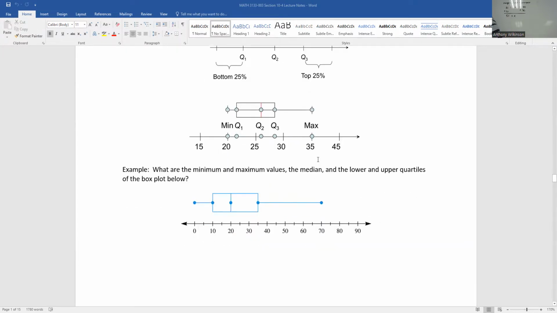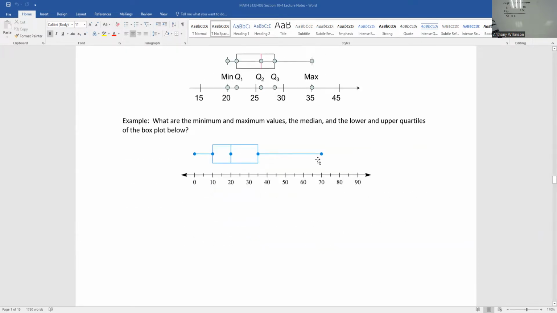Okay. Now, in this example, let's say I want to identify the minimum and maximum values, the median, and the lower and upper quartiles of the box plot below. All right, in this case, let's find out what this dot represents here.